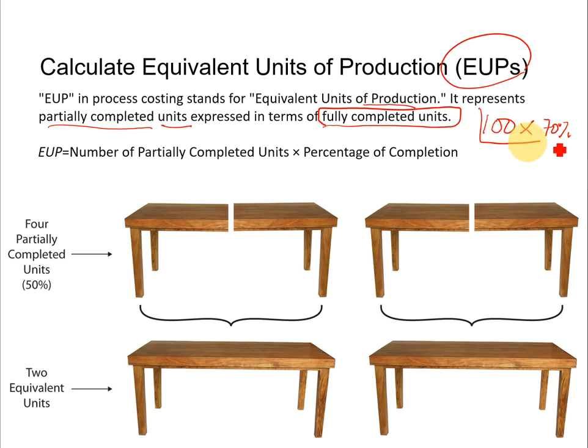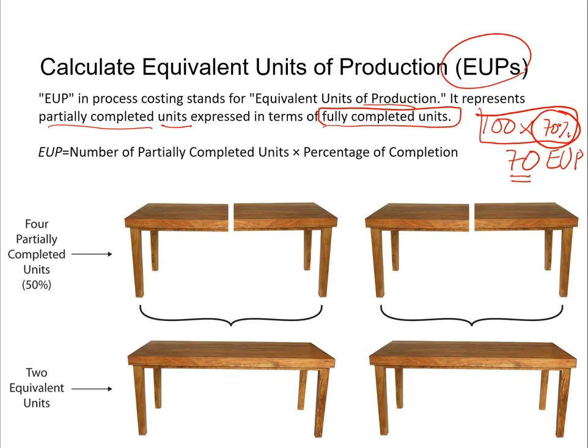So what is EUP for this 100 units? 100 multiplied by 70%, or we will say 70 is the EUP, equivalent unit. So rather than 100 units fully completed, we are choosing 70 EUP because it is not fully completed, only 70% completed. So we are assuming that we have goods worth 70 units which is fully completed.